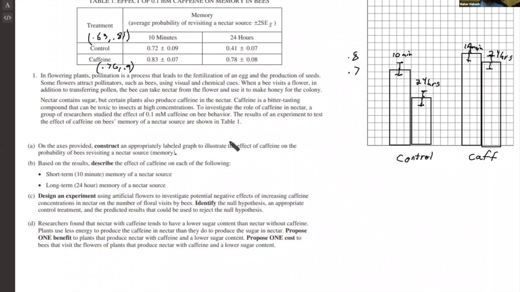But what about long term, 24 hours? Yeah, quite a hugely significant difference.